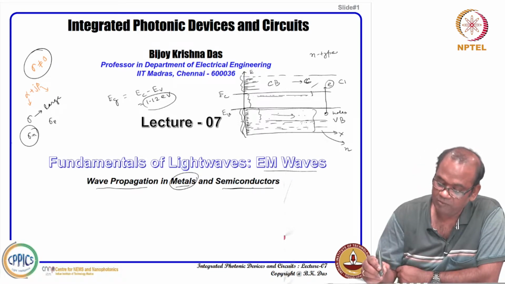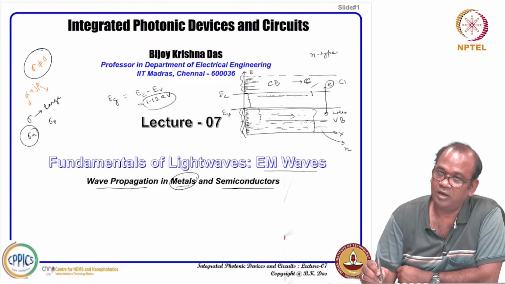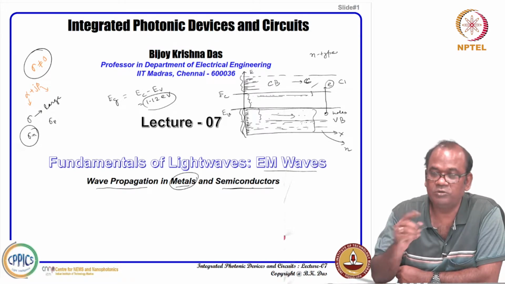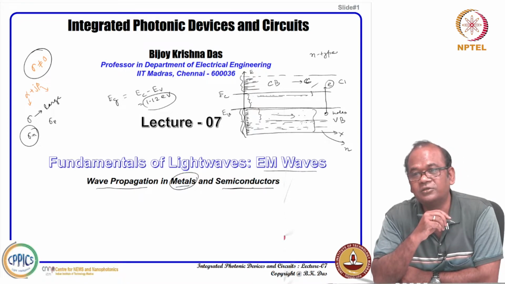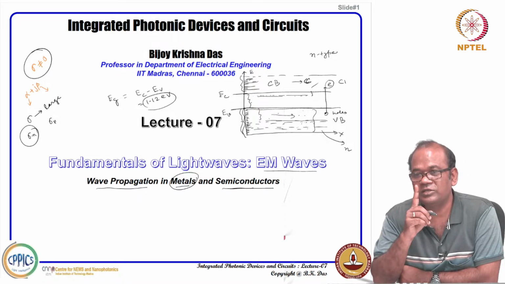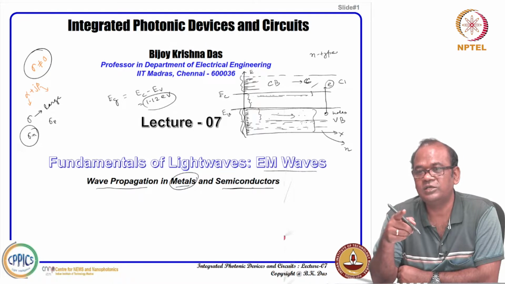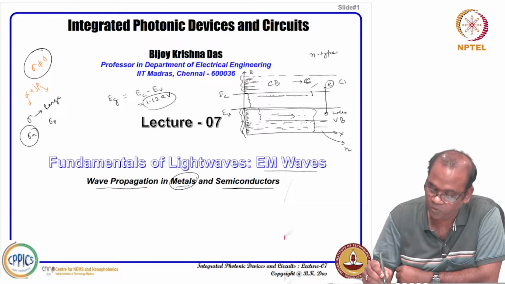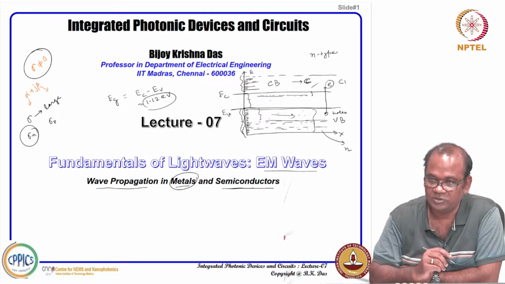And again, if you dope atoms like boron, you know this is a trivalent atom. So, when it is bound inside the silicon crystal, that means occupying a site of silicon, then the fourth electron is actually a shortage in boron.